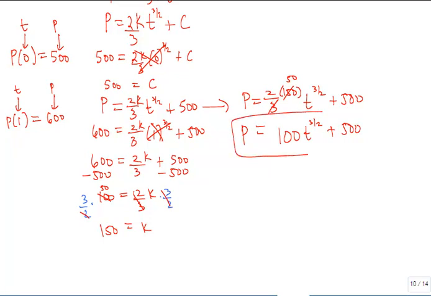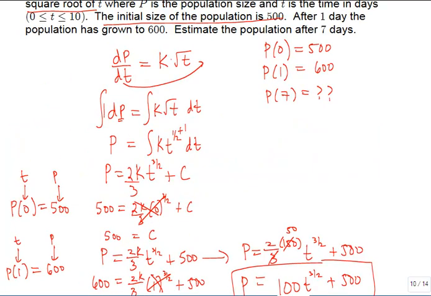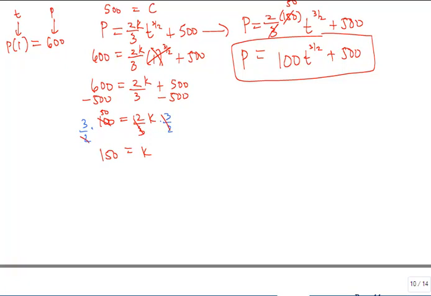So now, finally, we just have a function in terms of p's and t's, so we can finally answer this question here. All I have to do now is plug in 7, and that'll tell me what my population p is. So p of 7 will be 100 times 7 to the 3/2 plus 500.